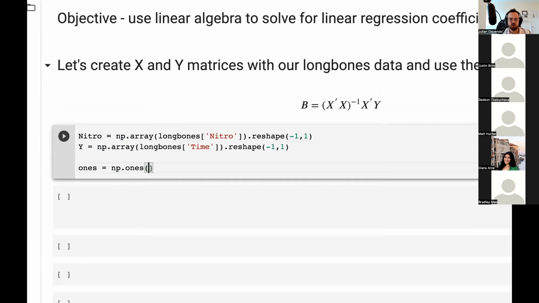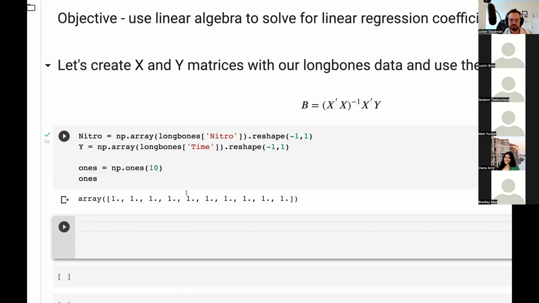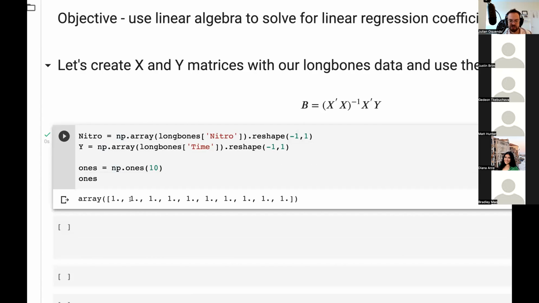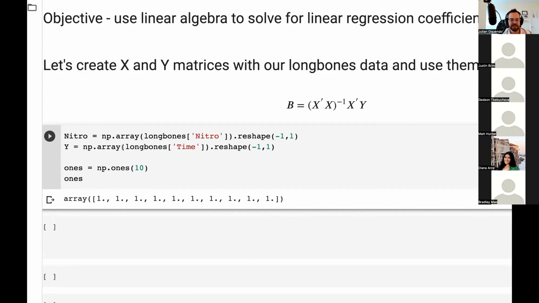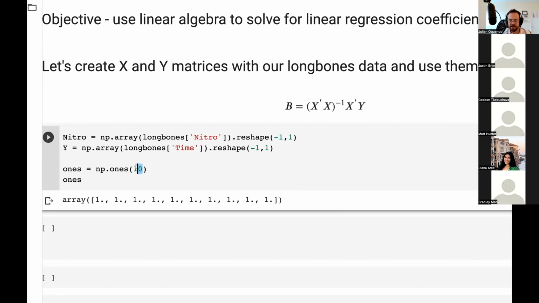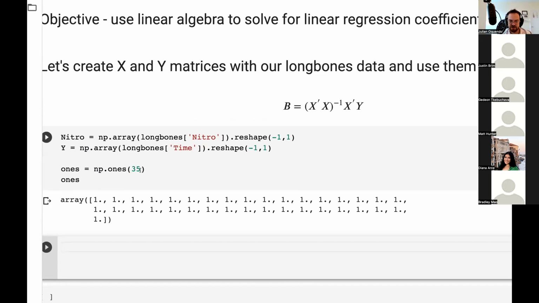So if I want 10 ones, I can create that. And frankly, I know I have 35 rows in my data set, so I can just say I need 35 ones as an array shape.